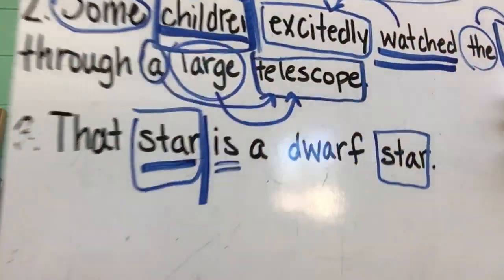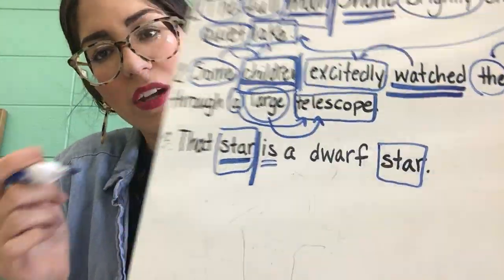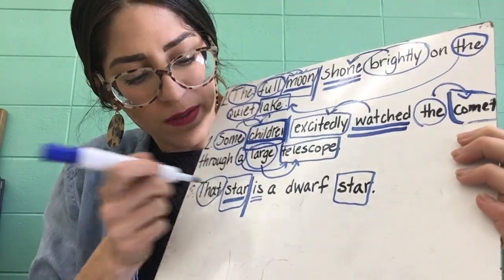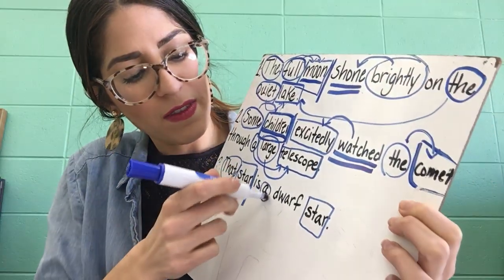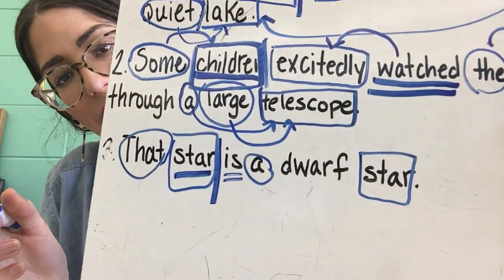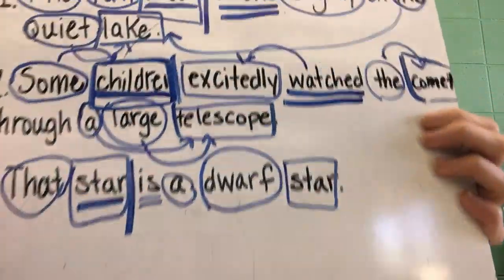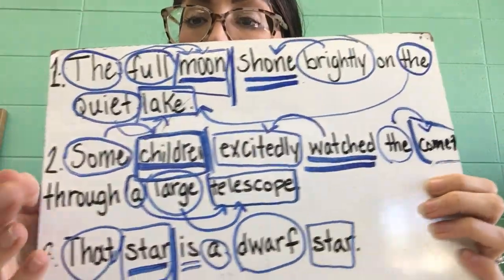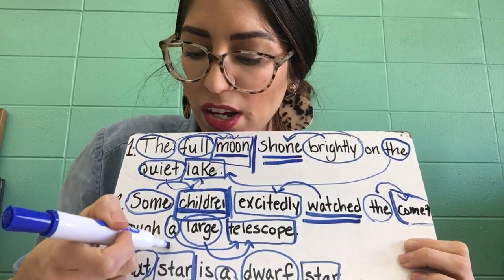Now let's go ahead and circle our adjectives. Okay, good, that. Another adjective, good, a. And another adjective, good, dwarf. Now, let's go ahead and draw our arrows. What does star describe? That's right, what kind of a star?